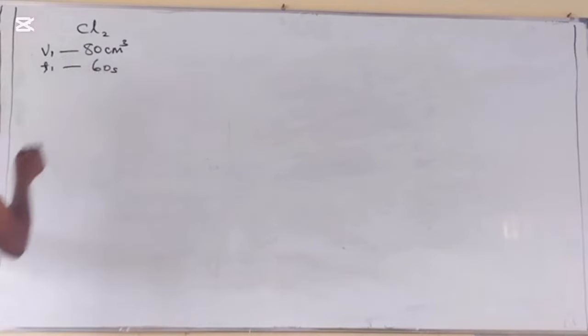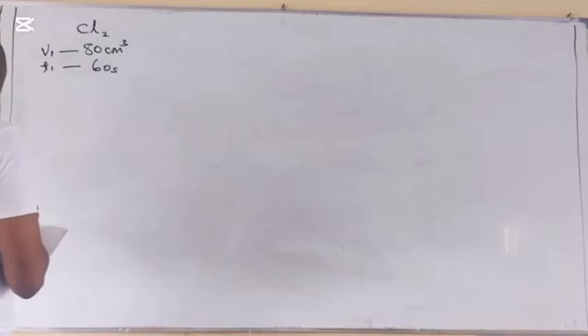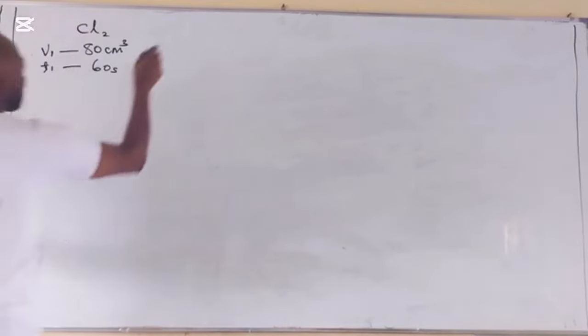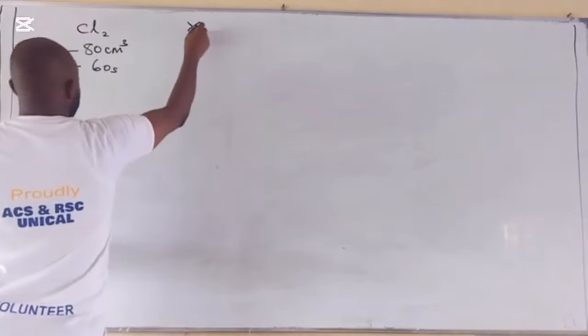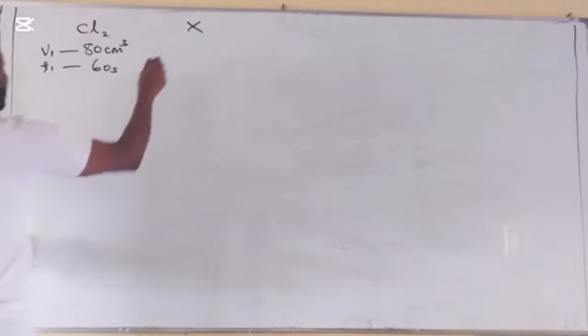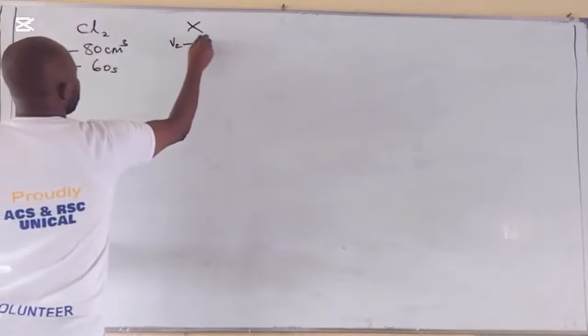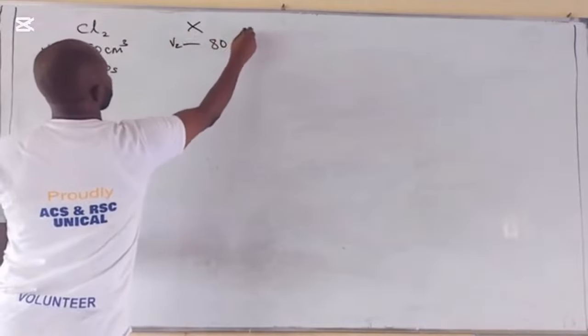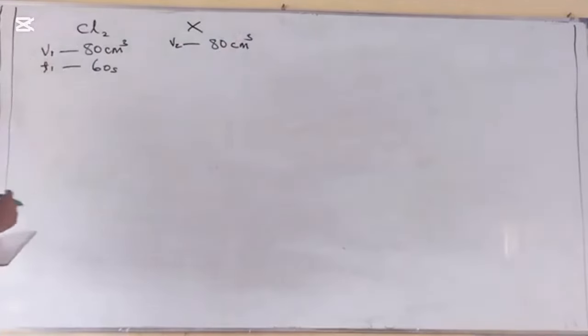For the same volume of an unknown gas, let's call it X, to diffuse through the same pot, V2 is also 80 cm cube.